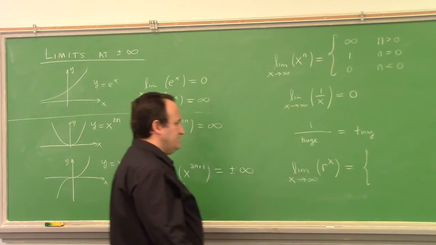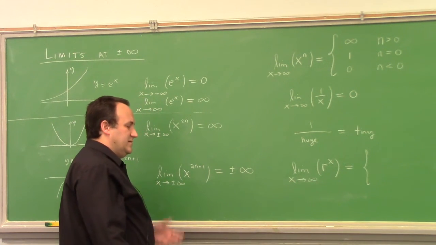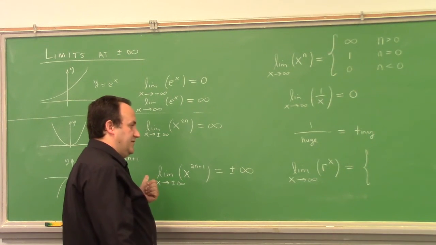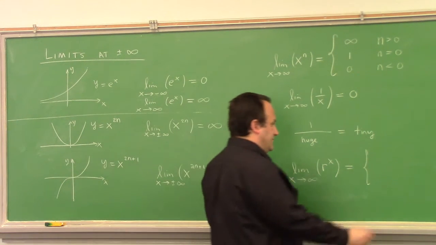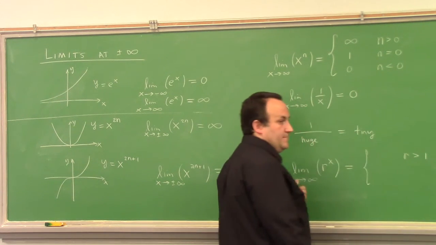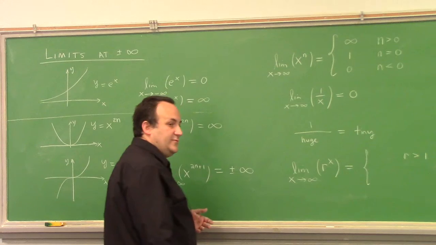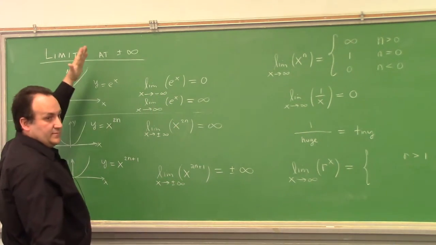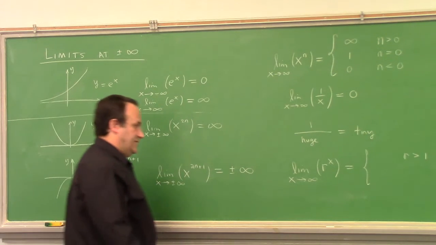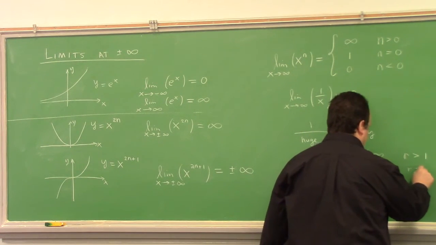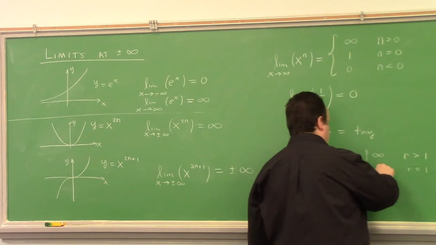Well, if r is positive and larger than 1, what happens? This would be like e to the x. It would be an example of this. It goes to infinity. If r is equal to 1, it goes to 1.